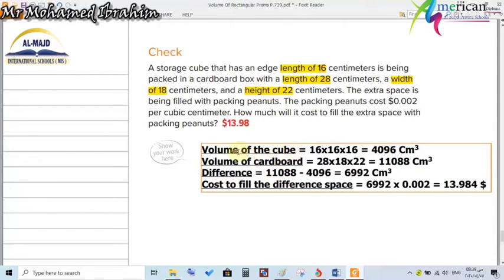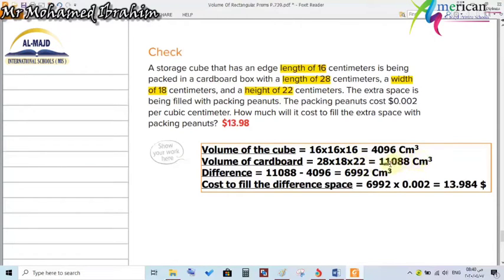So first of all, to find the volume of the cube, it is 16 times 16 times 16 equals 4096 cubic centimeters. Volume of cardboard equals 28, the length, the width is 18, and the height is 22.